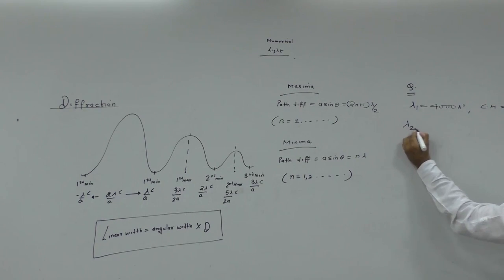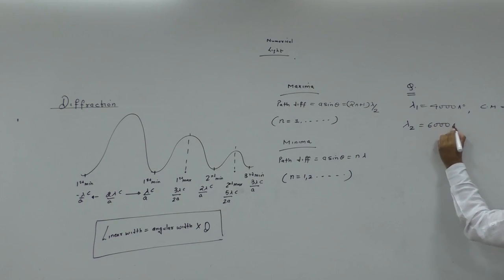When lambda 2 is 6,000, but the width of the slit is made half.